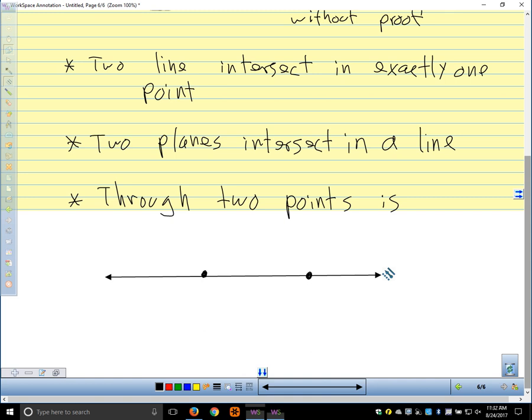No, because it would be skew, right? So we're going to say through 2 points is exactly one line. There's no way we can draw a different line through those 2 points because they're infinitely thin. We don't have anywhere to move, go a little bit this way or a little bit that way. They're infinitely thin.